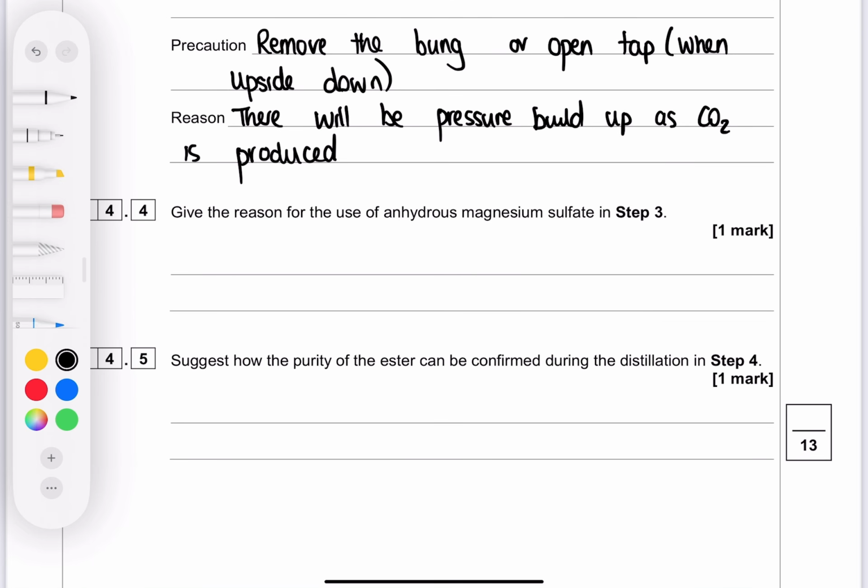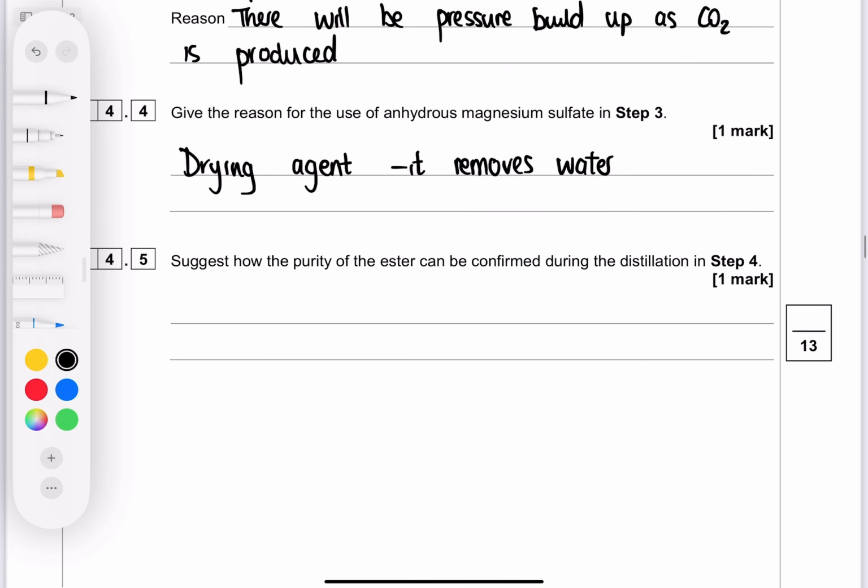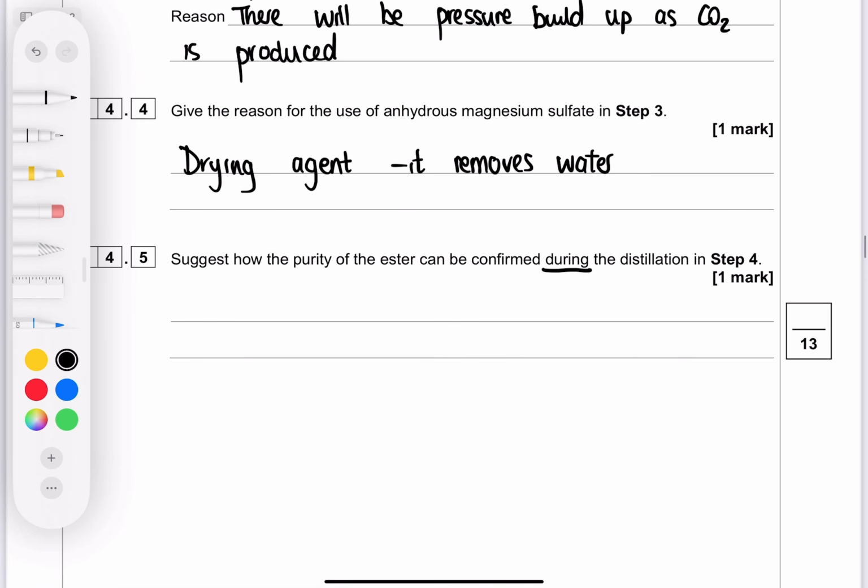Well, that's our drying agent in organic preps. It removes water. And then it says, suggest how the purity of the ester can be confirmed during the distillation. We're going to check the melting point. Not the melting point, it's a liquid, the boiling point, against the data book value.